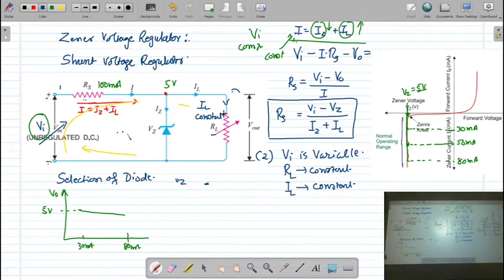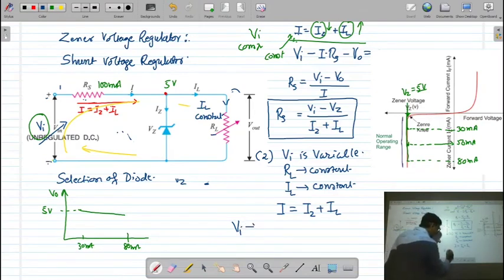Now if we change the voltage, we know that the current I is given by Iz plus IL, correct? And we are changing the input voltage. Let us say the input voltage increases. Then in this expression, what will happen?